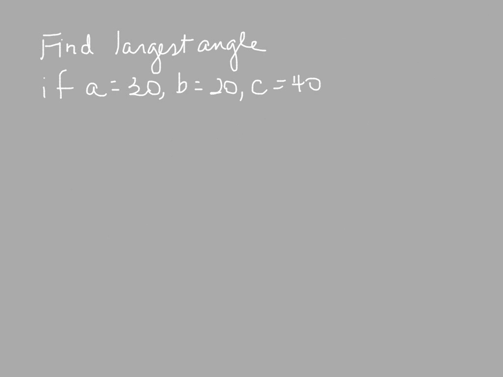Rather than solve a triangle, we're going to call back up something from geometry, that the largest angle is across from the longest side. We have side A, which is 30, and that means this is angle A. Side B is 20, angle B, and side C is 40, so angle C. Now what we remember from geometry is that the longest side is opposite the largest angle.